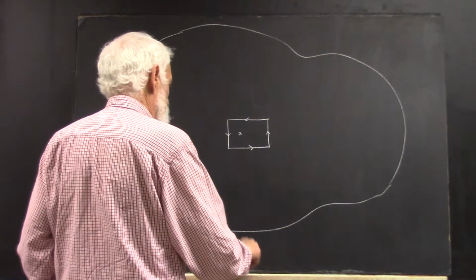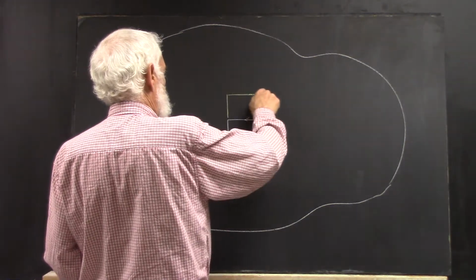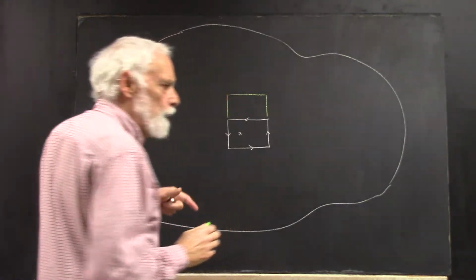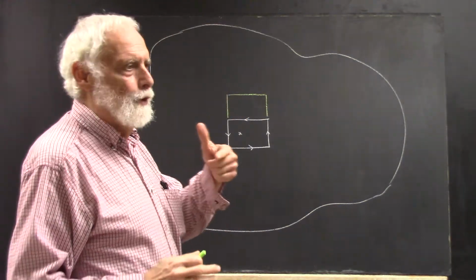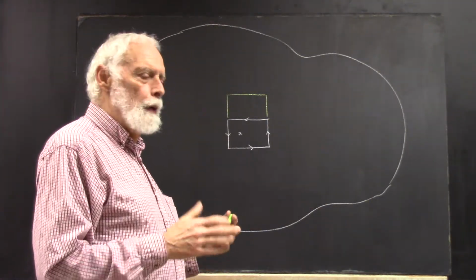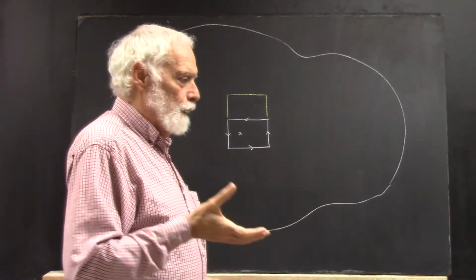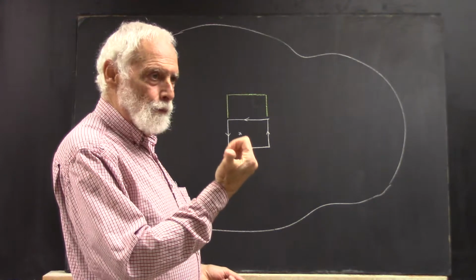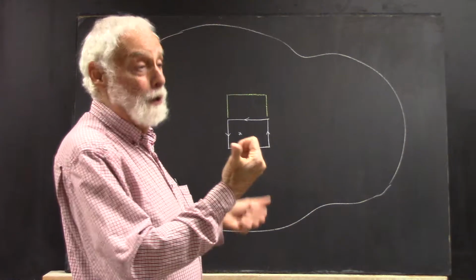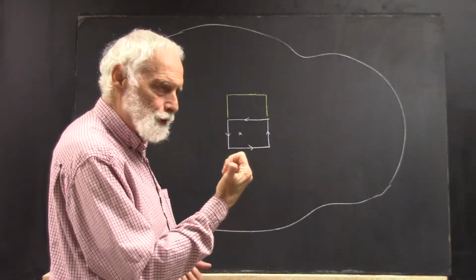Now let me just show what happens if I construct another rectangle above this one and do the integral with a positively oriented curve. In a positively oriented curve, basically you can say that if you go around the curve with your fingers using the right-hand rule, your thumb is in the positive sense.